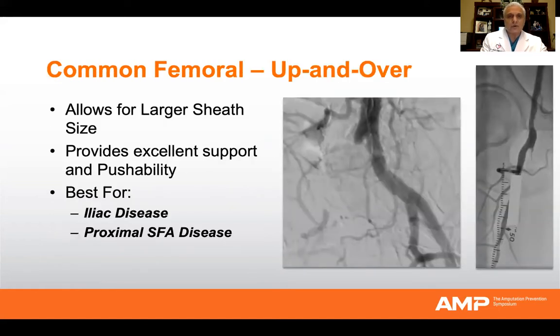Now, this is up and over common femoral access. The advantage of this access is that large 7 or 8 French sheaths can easily go, and this is very good for iliac and proximal SFA occlusions or diseased vessels.